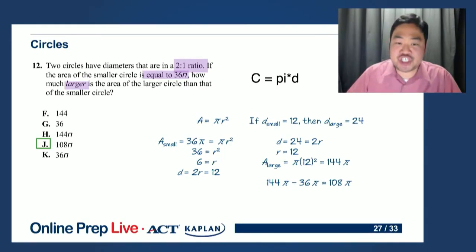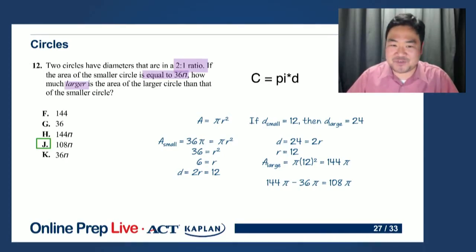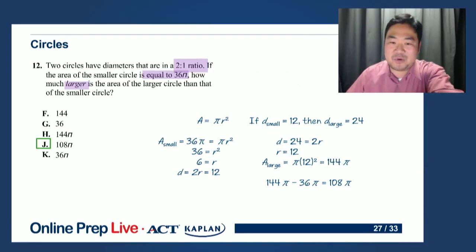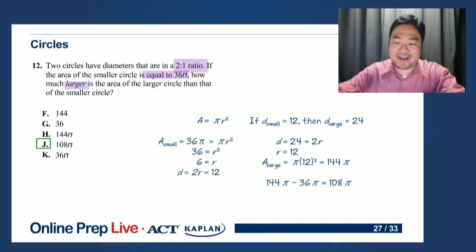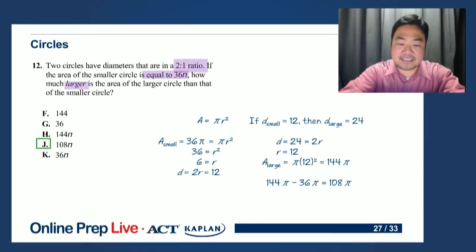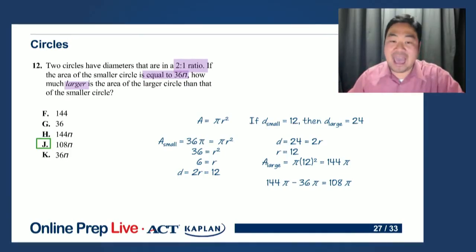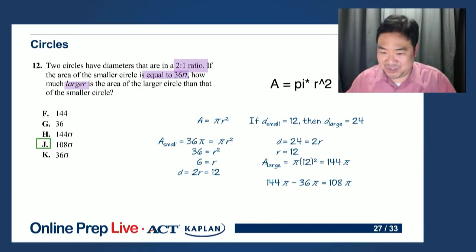So if you see cherry pie's delicious, that would be the way to remember the circumference formula. Cherry pie is delicious. And then, of course, the other part, which would tell you apple pies, if you say area is equal to pi times r squared, apple pies are 2. Cherry pie is delicious, apple pies are 2.